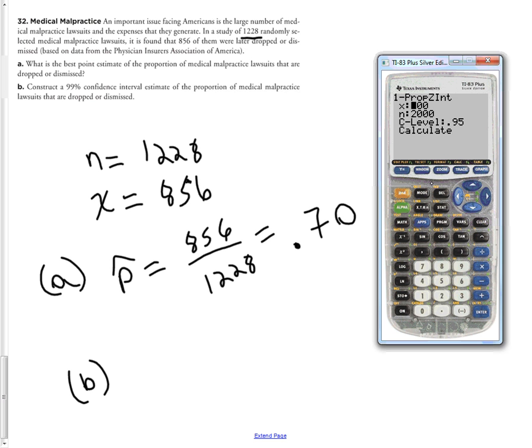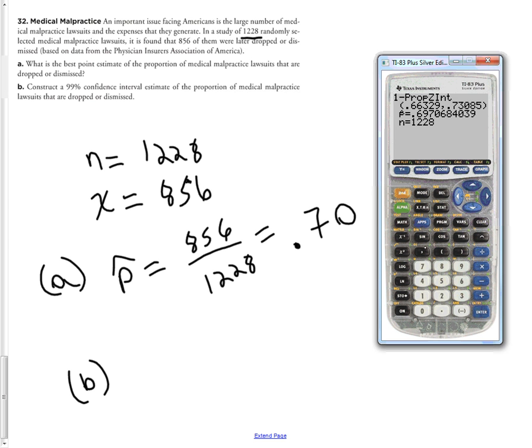The stuff that we entered last will always still be in here unless you clear your memory. So we're going to have to actually clear all that stuff out. X the problem told me was 856, and N it told me was 1228. The confidence level I'm looking for is, in this case, 0.99, 99% confidence, and then I hit calculate.